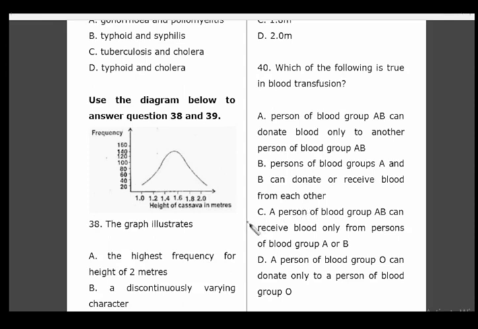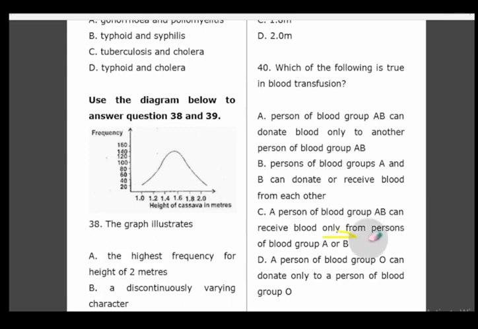And then C says a person of blood group AB can receive blood from persons from blood group A or B. A person of blood group AB can receive blood only from persons. Now that is where the clause here lies. The word only there is not making that particular statement correct.